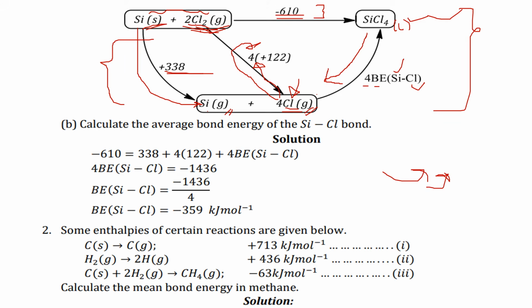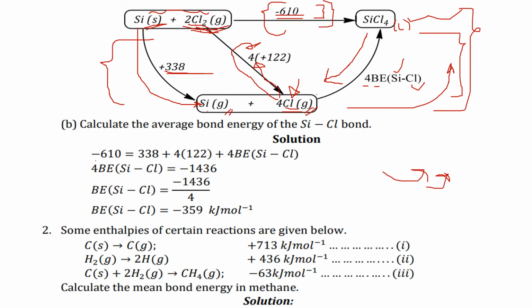But here, in bond energies, the arrow is going anti-clockwise. So that means that the overall enthalpy of reaction is going to be equal to the summation of all these bond energies without subtracting any, just like it was in enthalpies of combustion.